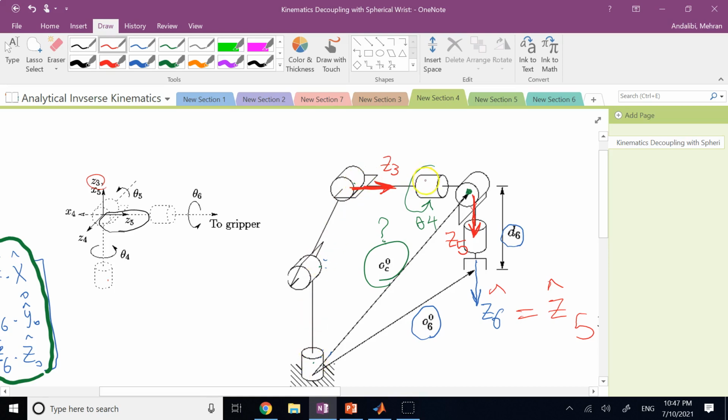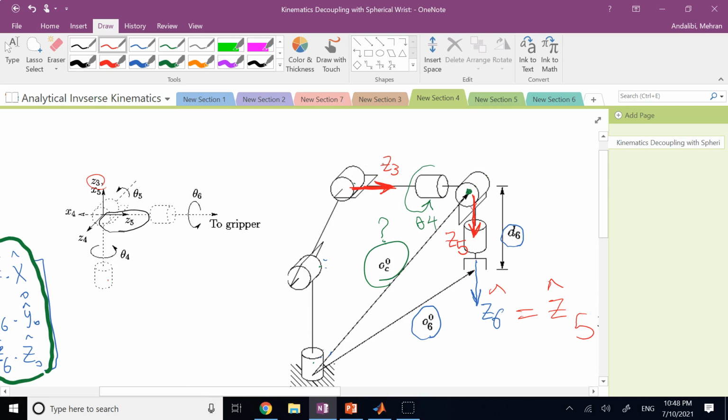0, 1, 2, 3. And yes, those are the axes for joint forward, that's right. And then we also have X3 and Y3, but this is frame 3, correct?